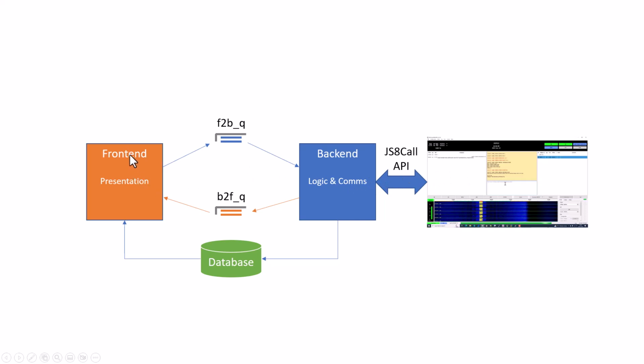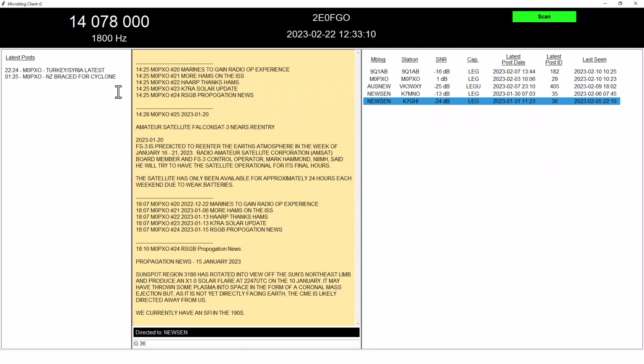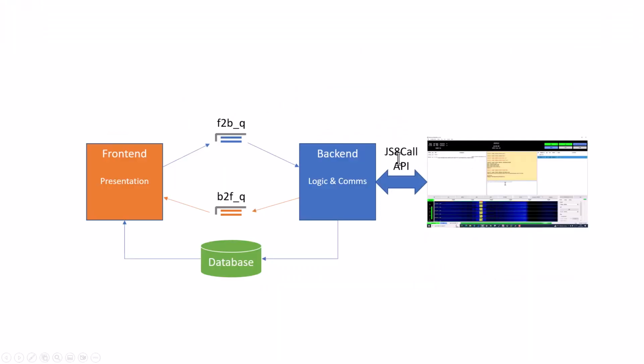When you make a change on the front end, it sends a message to the back end, and the back end responds and says, yeah, I've done that. That's okay. I've processed that. If that results in any update to the interface, so any change in frequencies, call signs, any of this information here, any of these selections here, that actually causes an update to the database.